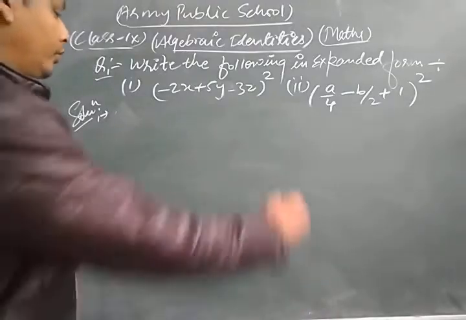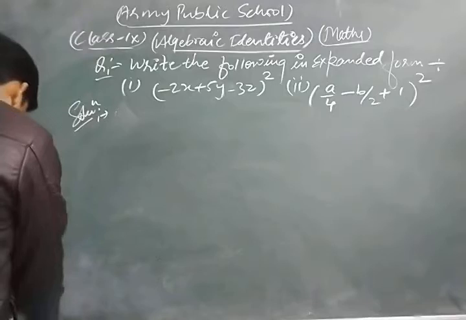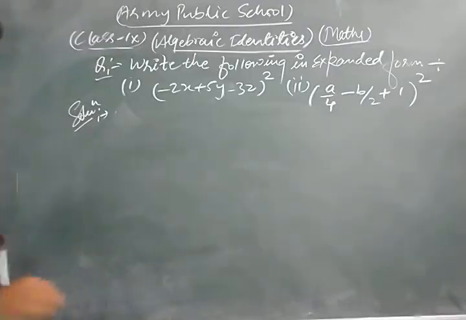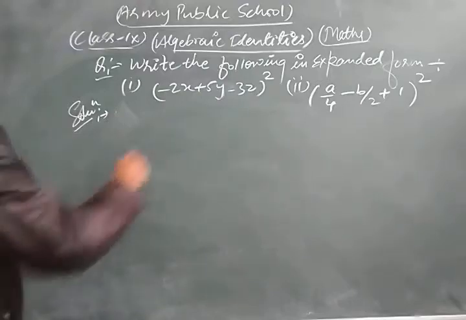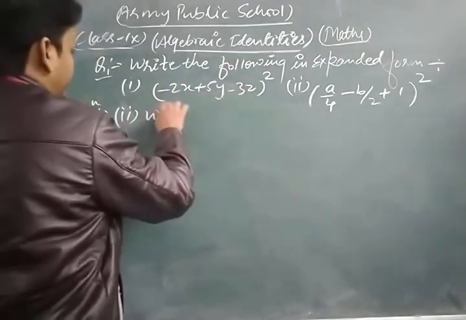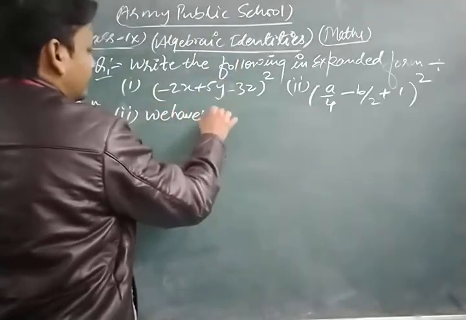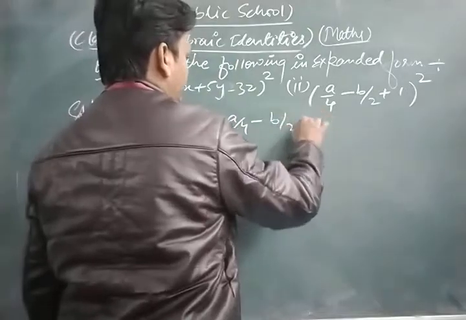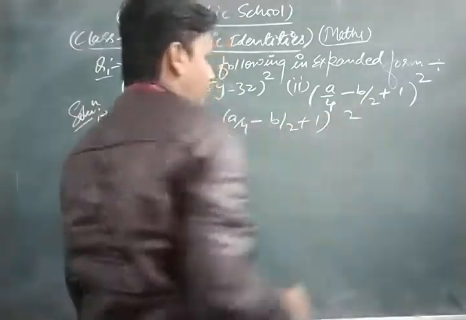Now we take and discuss the second part of this question. So we have a by 4 minus b by 2 plus 1 whole square.